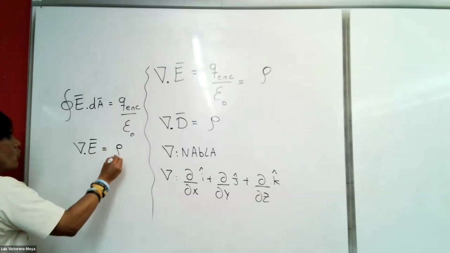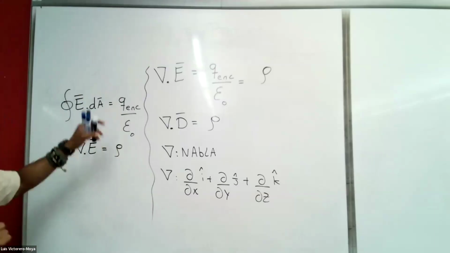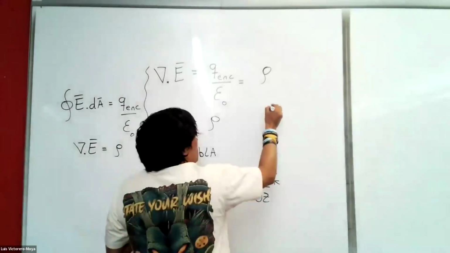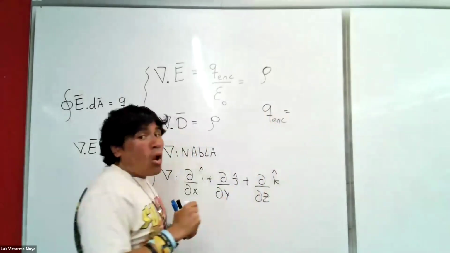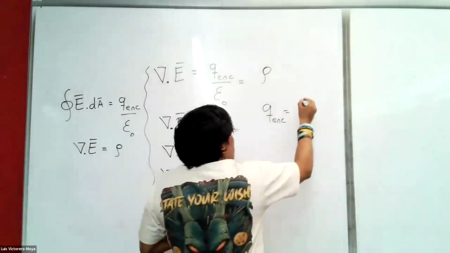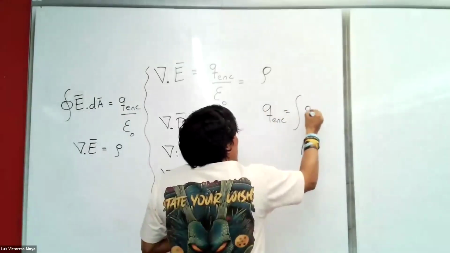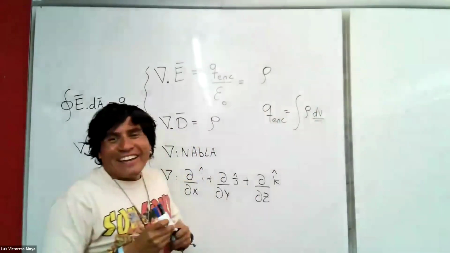That's why you can get the rho, right? Because the charge enclosed, especially for an insulator, you can find as the integral of the charge density differential of volume. So that's why you need a dV.